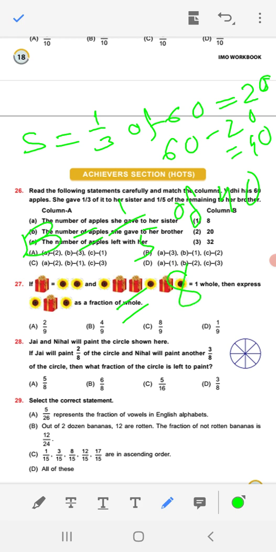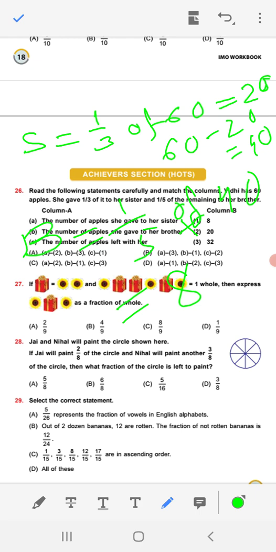Now you have to match. For her sister, that is 20. We already got this. Number 2. A is number 2. B, the number of apples she gave to her brother. We get that brother gets 8. So B is number 1.